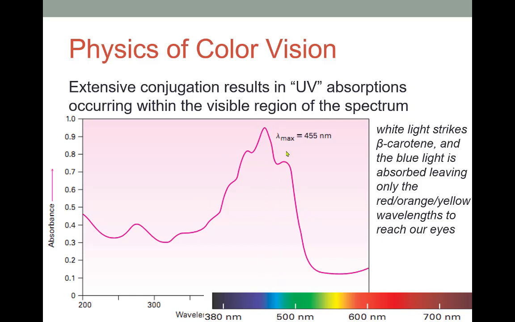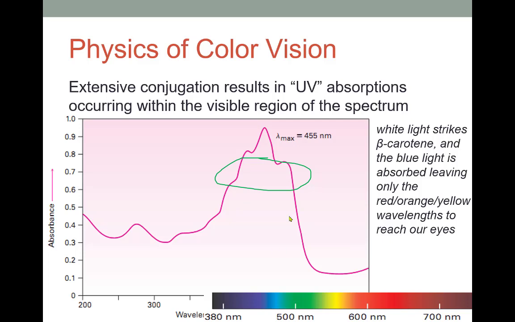So its maximal absorption is at 455, but you can see there's significant absorption across all of this blue, green, purple sort of region. So when you look at a carrot, for instance, under white light, normal, full spectrum light, all of those wavelengths of light hit the beta-carotene molecule. The blues and purples and greens are absorbed.